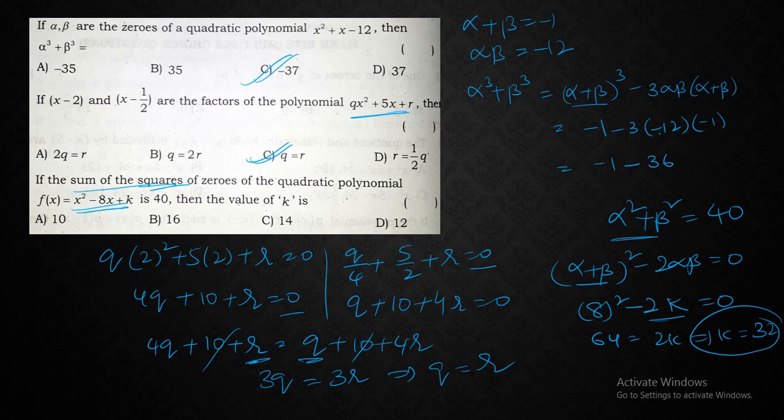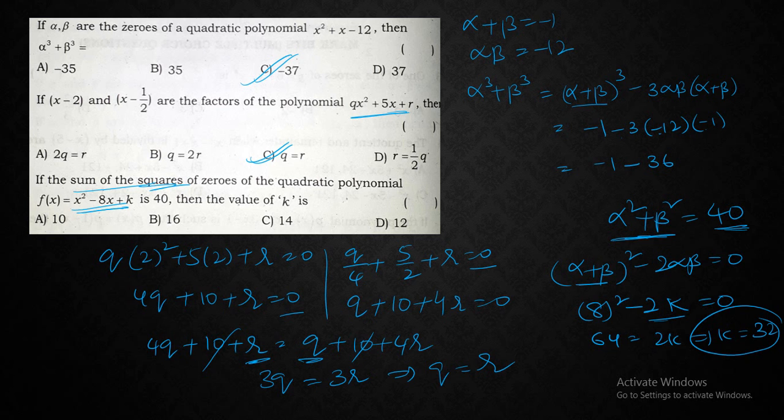But in the options, there is no 32 here. Maybe there is some mistake. Let us see again. Alpha square plus beta square, the sum of squares of the zeros, is equal to 40, he has given. Now the sum of zeros is minus b by a, so minus of minus 8 is plus 8.